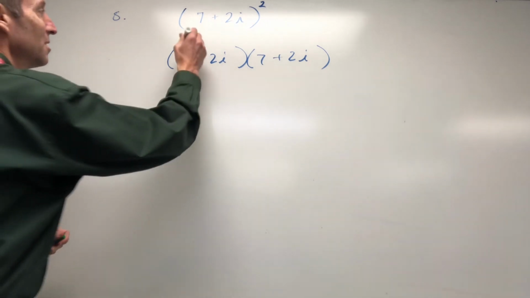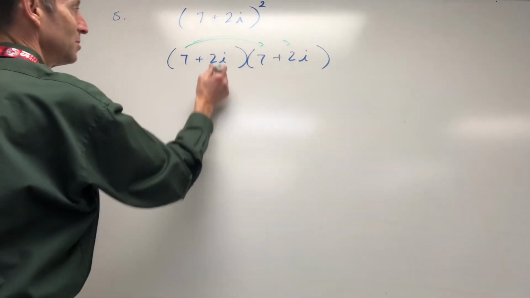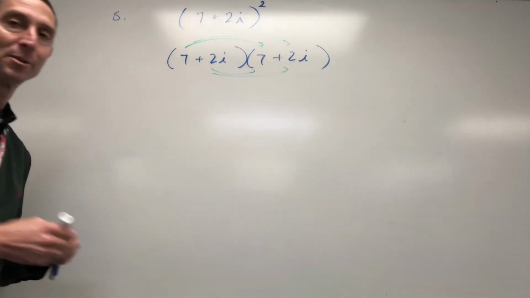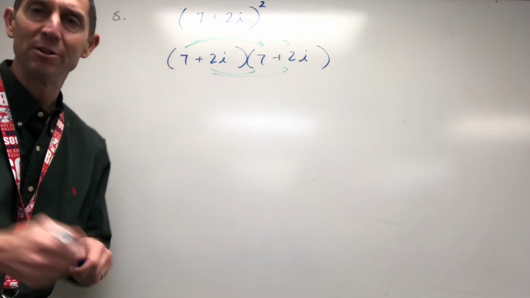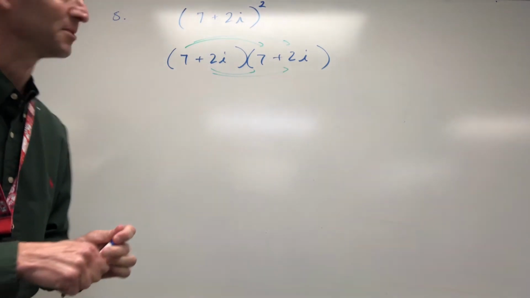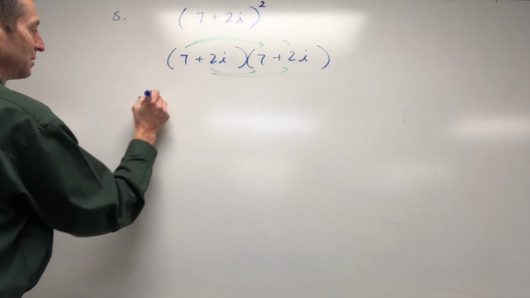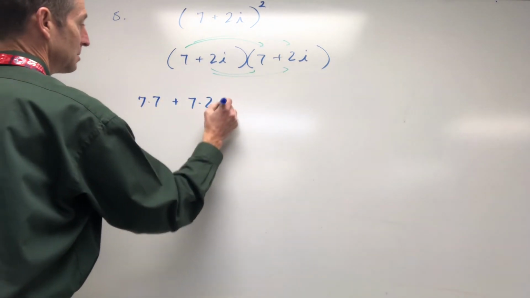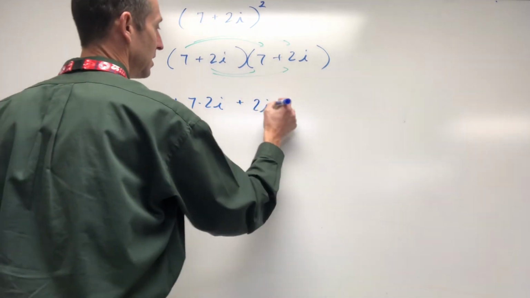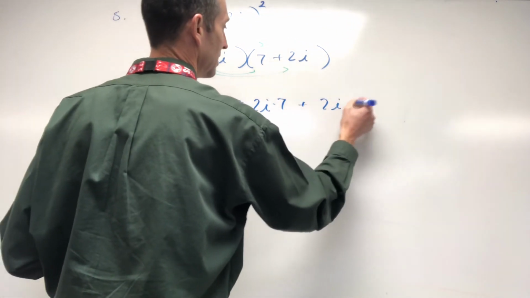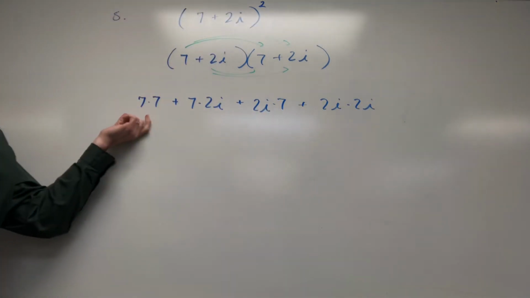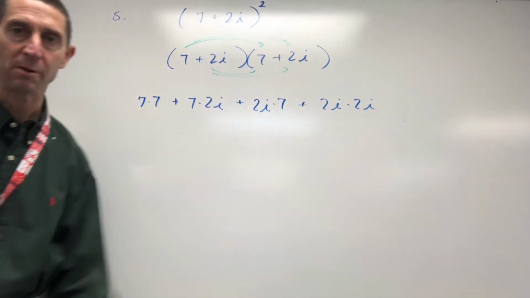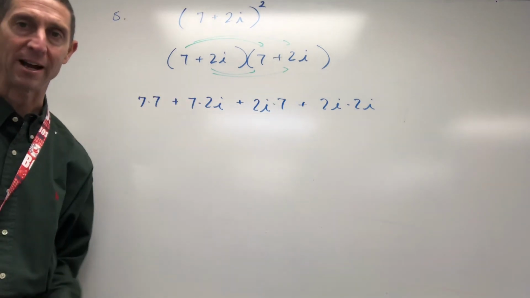All right, let's go. The 7's going to hit both of those. The 2i is going to hit both of those. So for the third example in a row, you got your 4 tiny math problems. So we have 7 times 7 plus 7 times 2i. 2i times 7 plus 2i times 2i. So 1, 2, 3, 4 math problems in a row. Distribute it all out.